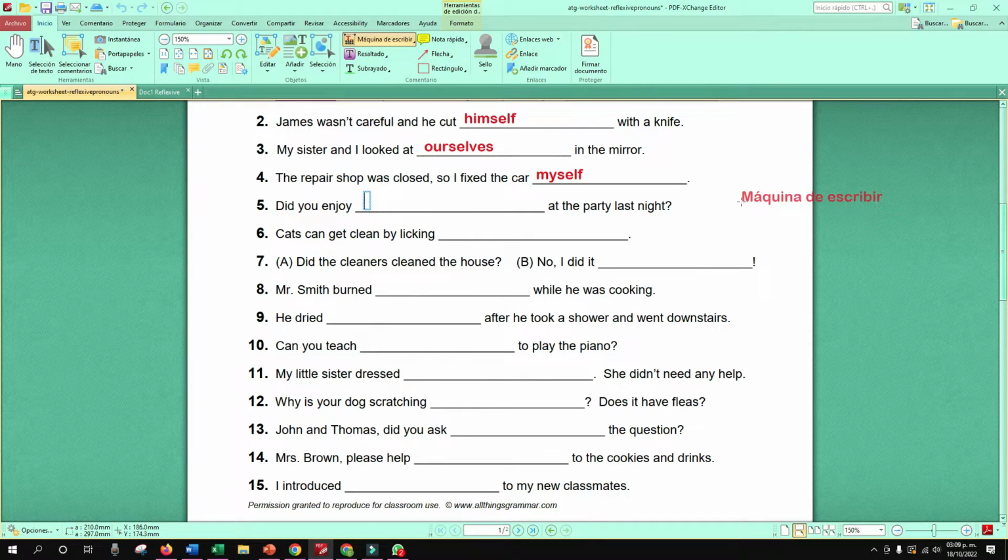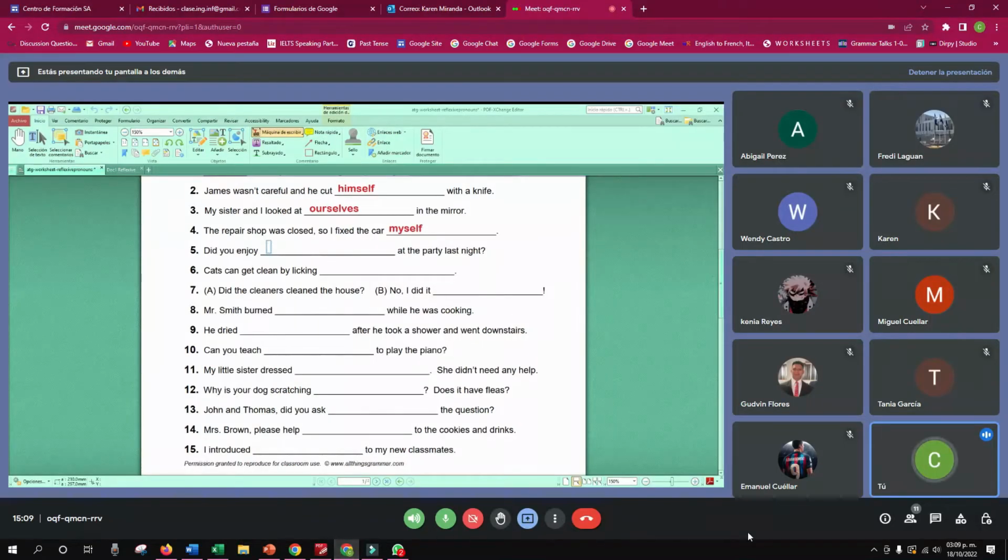What about number 5? Who wants to try the number 5? There you have, did you enjoy at the party last night? Which could be the answer there? Who wants to try? Another volunteer?